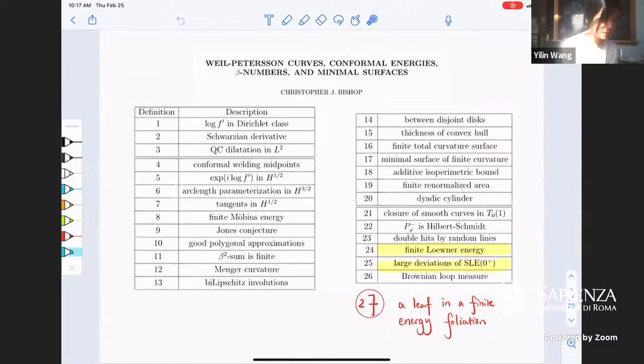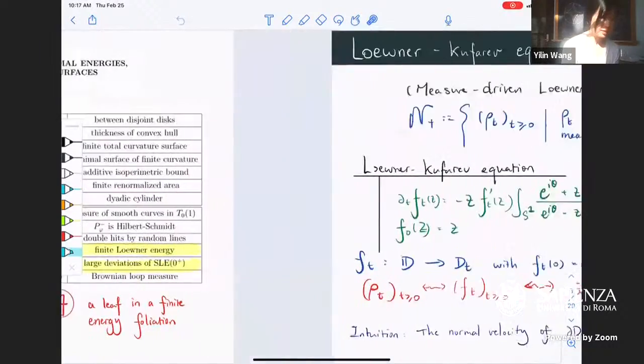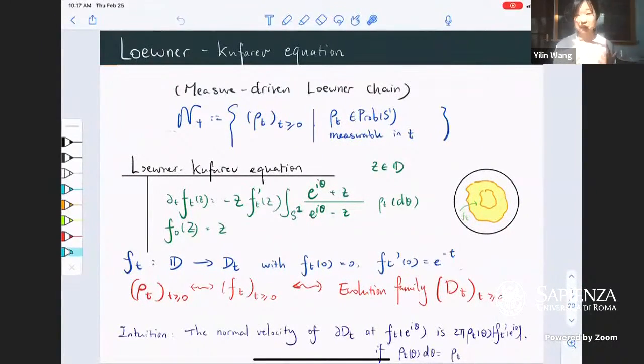There are some new results from him, and some are very known early on, but I will just skip. But the focus of my talk is this additional characterization of the Peterson quasi-circle, and that is inspired by the SLE duality.